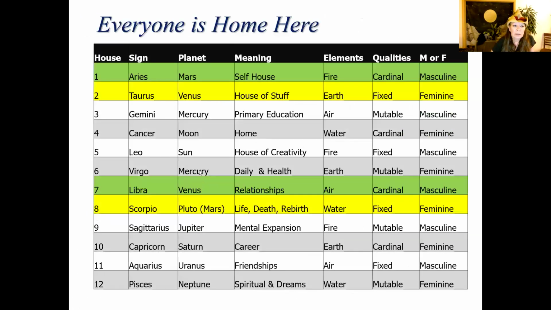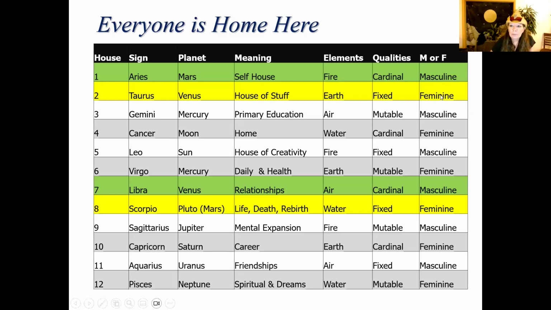Now let's take a look at the next two. Taurus, Venus, the house of stuff, earth, fixed sign, feminine. Six signs later, the opposite of Taurus is Scorpio, Pluto, Mars, life, death, rebirth or reincarnation, water. Earth and water. Oh, they're both fixed. Yes, oppositions will always be in the same quality.